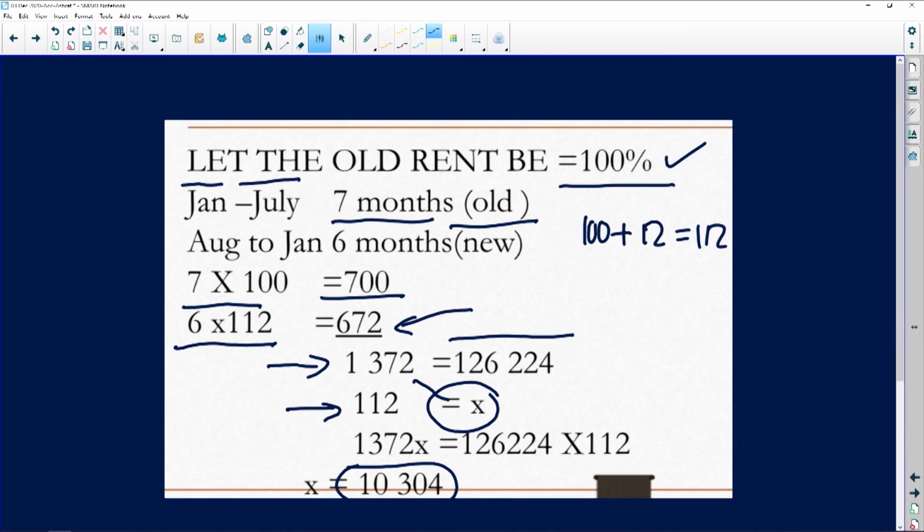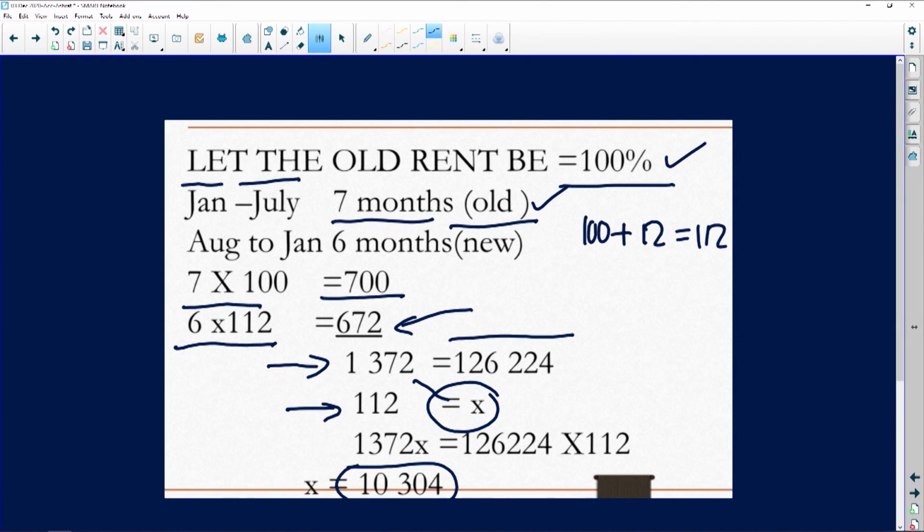I'm going to recap this slide very quickly because a reminder is beneficial to you. Step number 1, let the old rental be 100. Number 2, count the number of months for the old rental. Number 3, bring in your new rental. Remember to add the percentage. However, be careful. You could also decrease your rental, especially if times are tough.